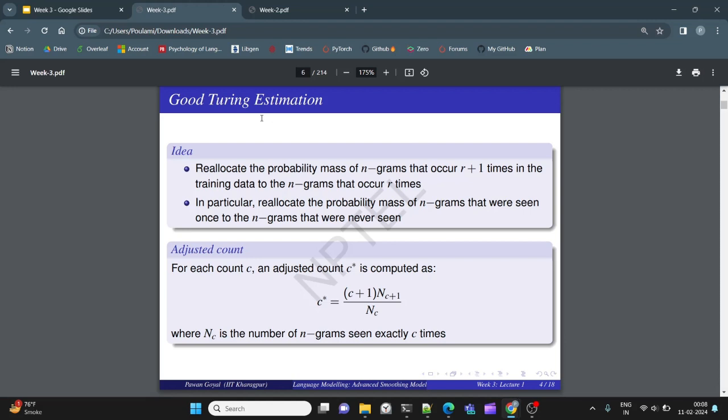So now this is the formula and idea behind good Turing estimation. What is the idea?